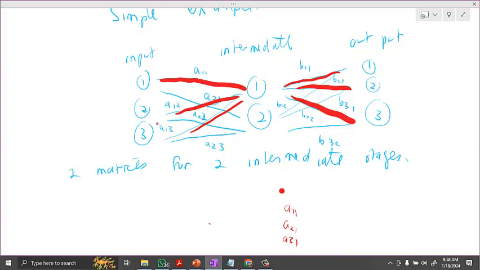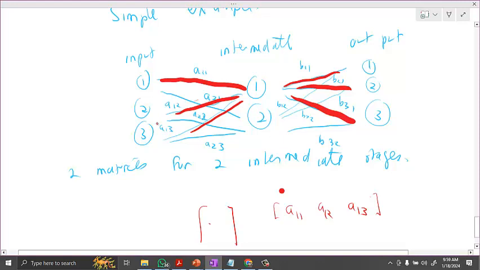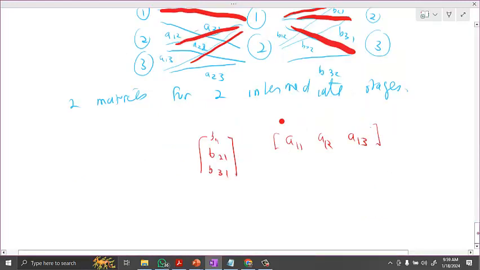Did I do that right? No, I'm wrong, sorry. It's the other way. This is A11, this is A12, and then this is A13. Okay. And then here I have my column, B11, B21, and then B31. Okay. So that's the matrix for this intermediate stage.